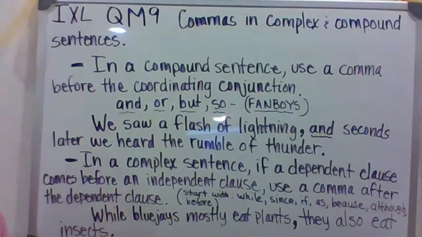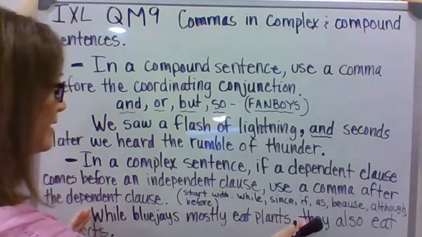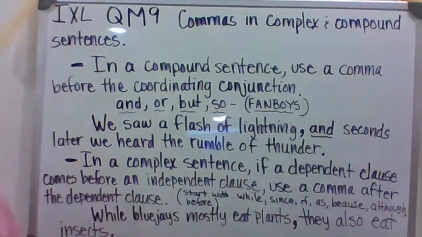Is that good all by itself? Is that a complete sentence? While blue jays mostly eat plants. Hopefully you can hear that is not, because it's leaving us hanging. While blue jays mostly eat plants, what comes next, right? Okay, so hopefully you can hear that portion here is the dependent clause.